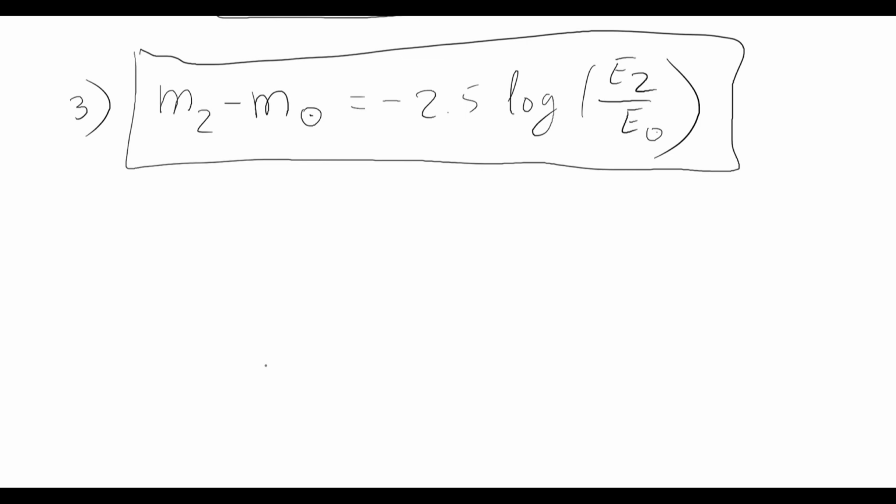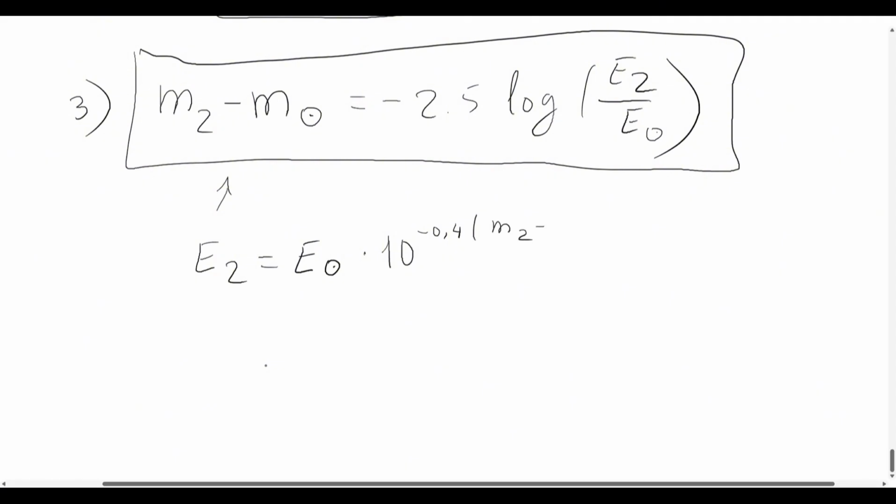Okay, so from this we can find that E2 equals E of the sun times 10 to the power of negative 0.4 times (M2 minus M of the sun). Okay, great.